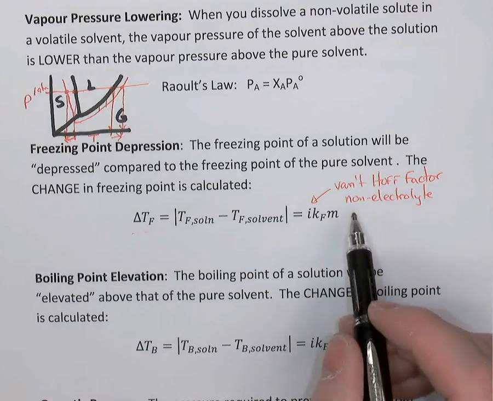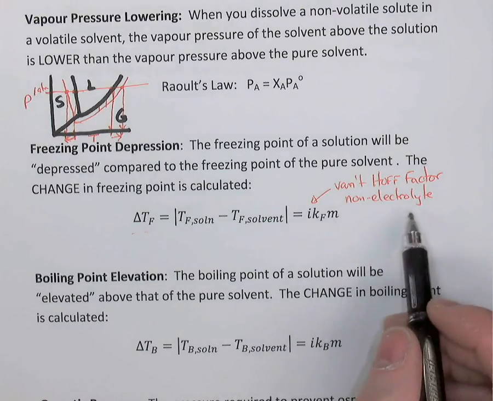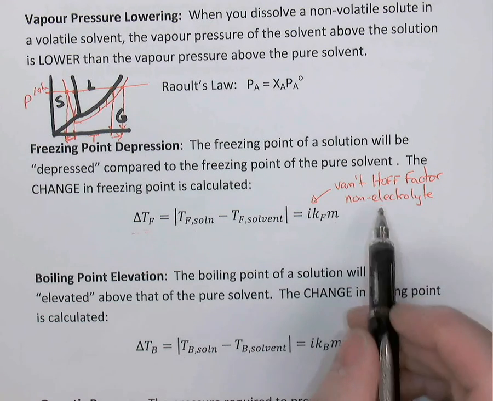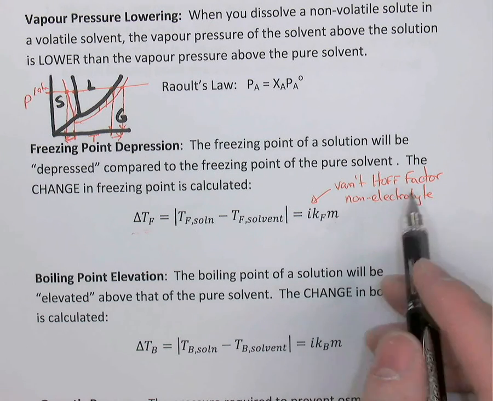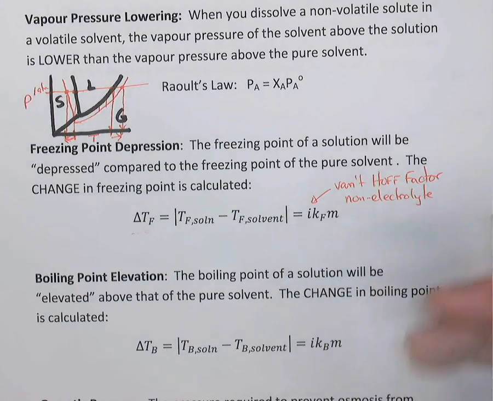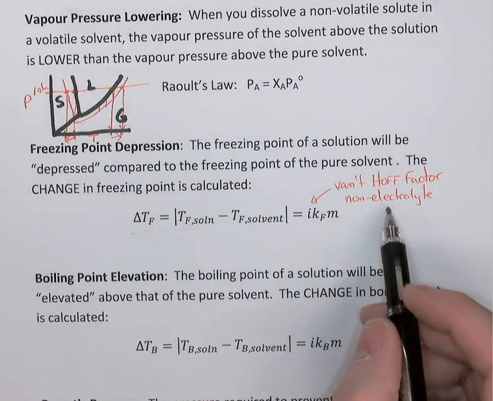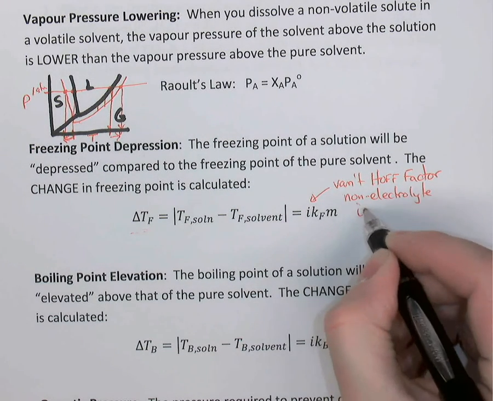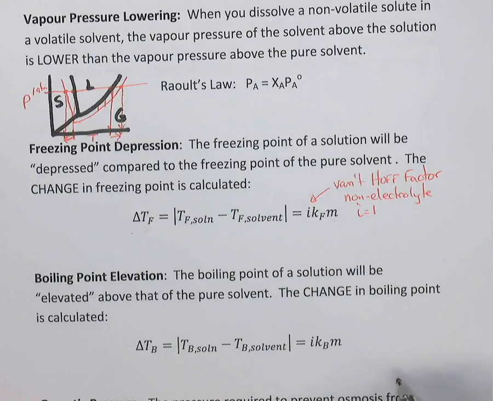So if you see something made of just carbon-hydrogen or carbon-hydrogen-oxygen, maybe some nitrogen, only non-metals, then you're dealing with a non-electrolyte, and for that, if you dissolve 1 mole of solute in the solvent, you'll have 1 mole of solute floating around in the solution. So for non-electrolytes, i is equal to 1, because dissolving 1 mole of solute produces 1 mole of dissolved substance.